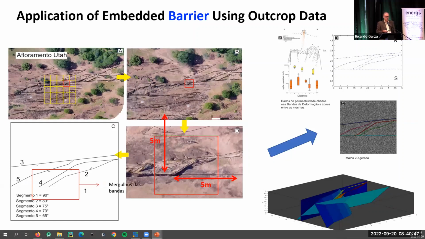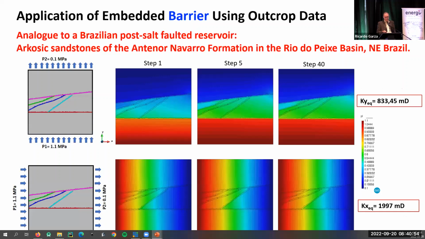3D geometries. And the answer to the question that I made in the beginning of the presentation is that yes, the permeability of the rock is affected a lot by the presence of deformation bands, but in an anisotropic way. The equivalent permeability when we apply the flow-based upscaling is very heterogeneous.